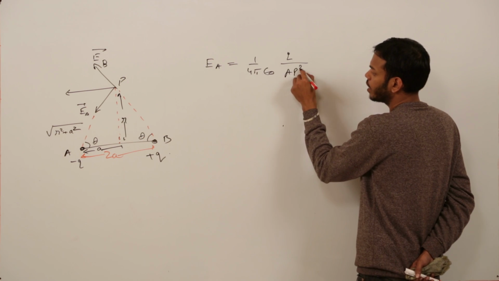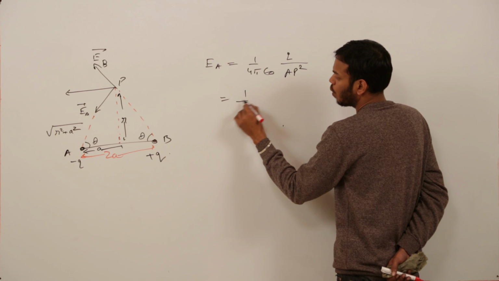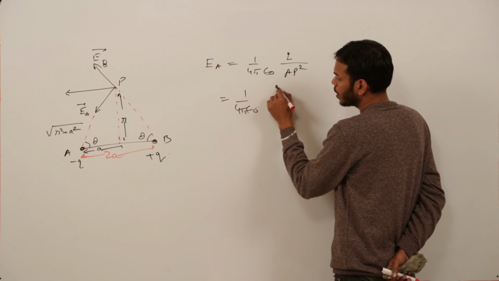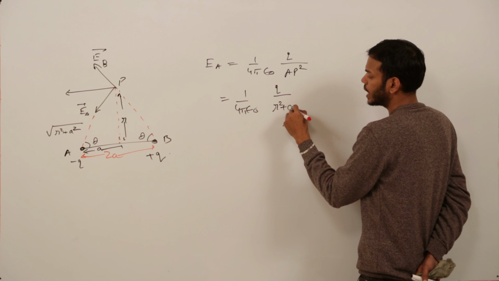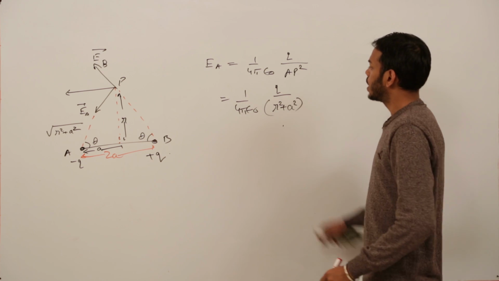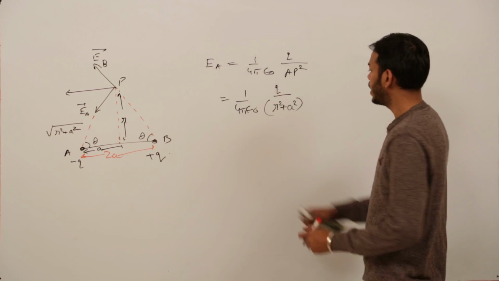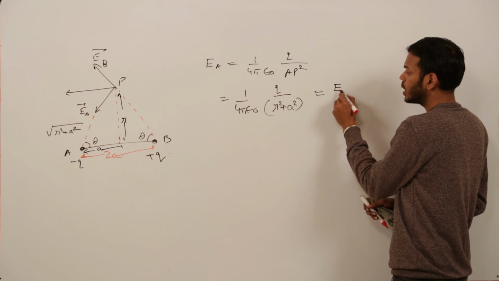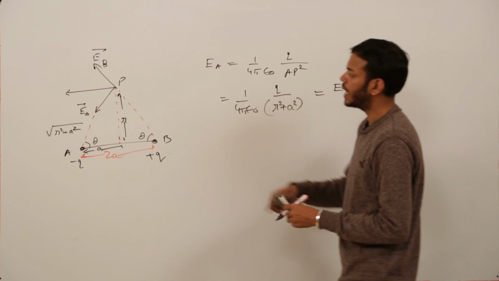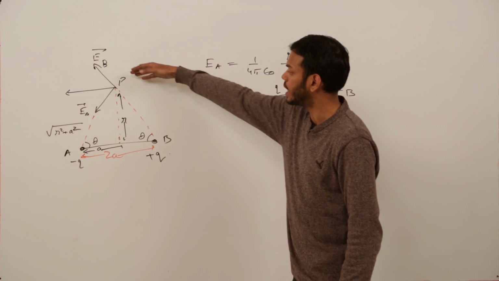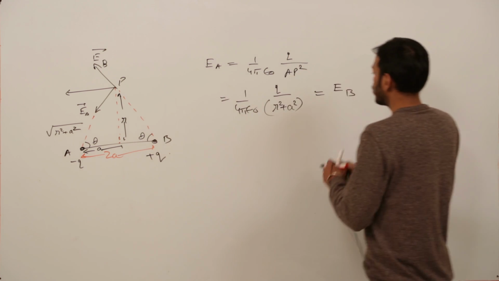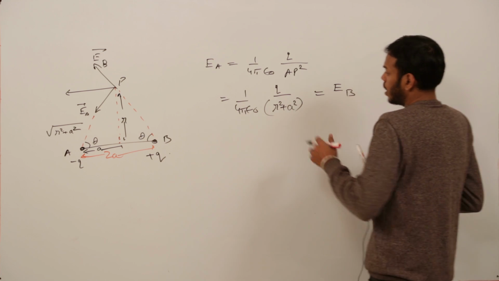It would be better if I note it like this: AP square, or 1 upon 4 pi epsilon naught Q upon R square plus A square. The under root got cancelled out. This is the formula for electric field at A, which is equal to the electric field due to the particle at B, because in case of B, the magnitude of charge and the distance remain the same. So the same formula.